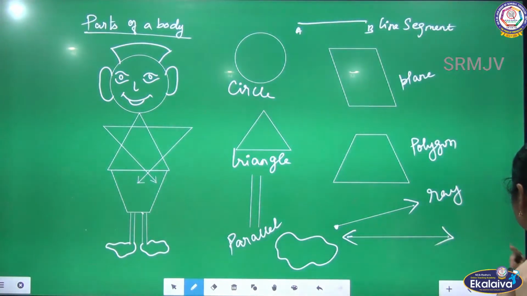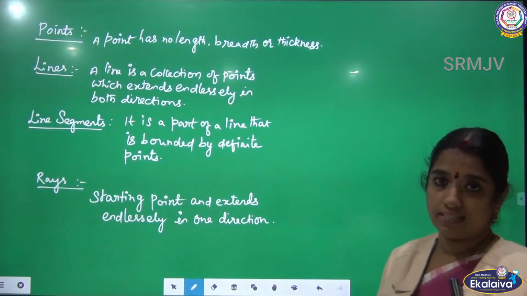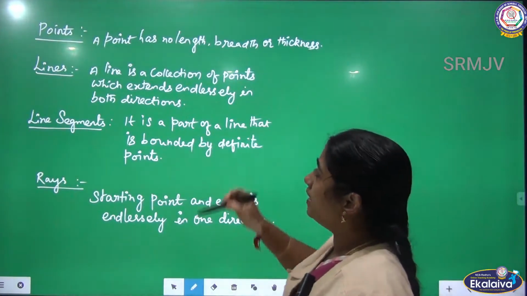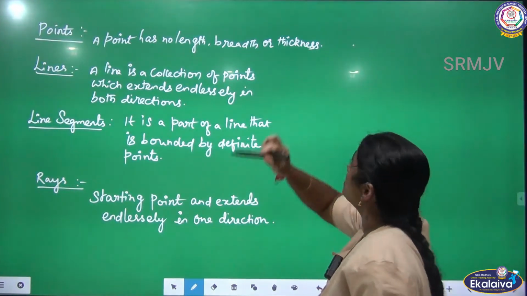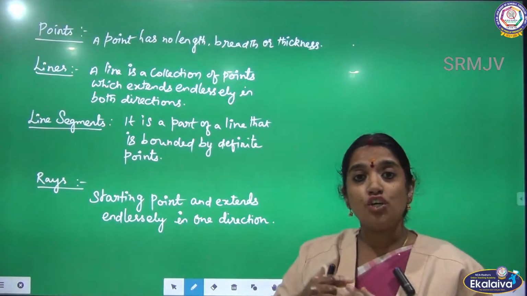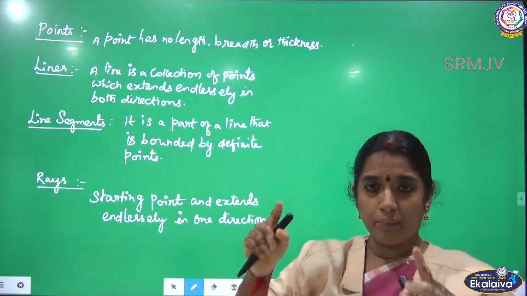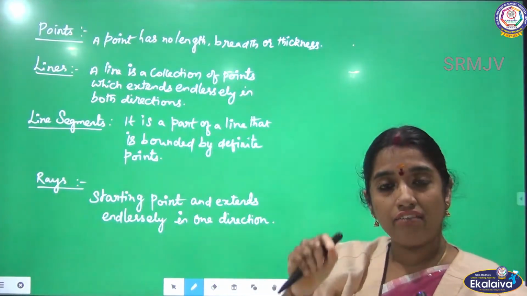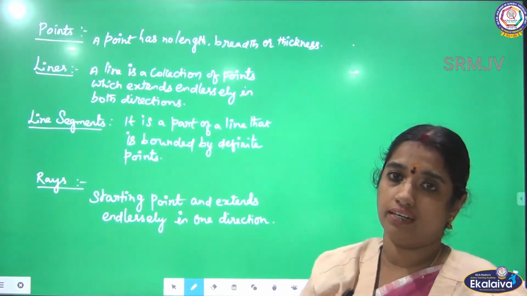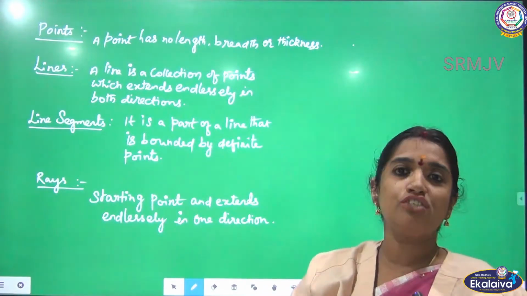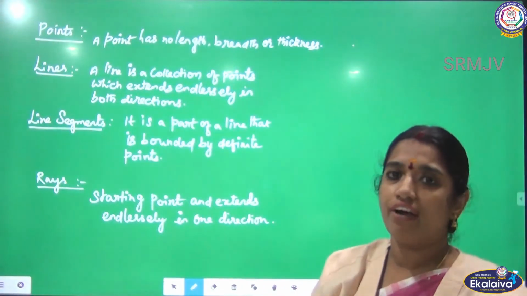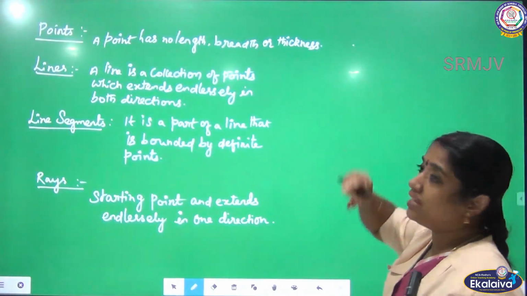Now we are going to discuss the definitions. Listen, a point. See what is meant by a point? This is a point. Suppose when I sharpen my pencil and touch the paper, I can find a dot, which is to find out the location of the area. We can keep the dot.